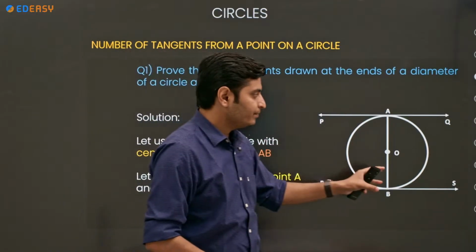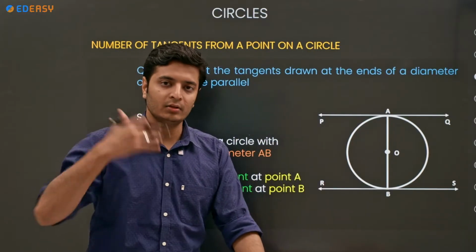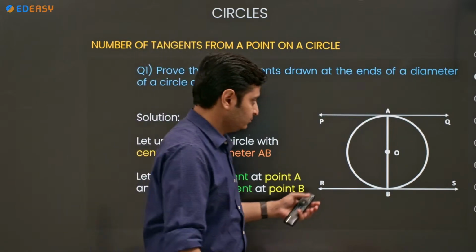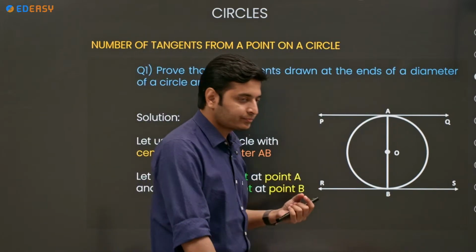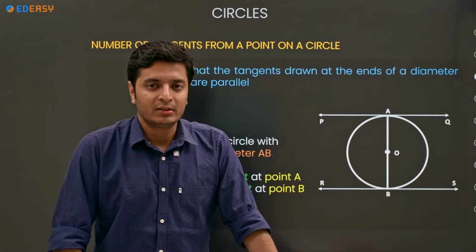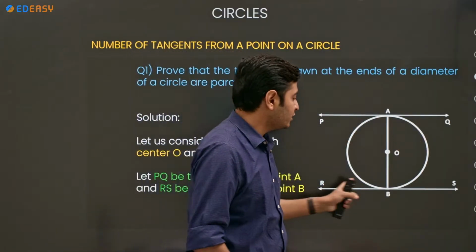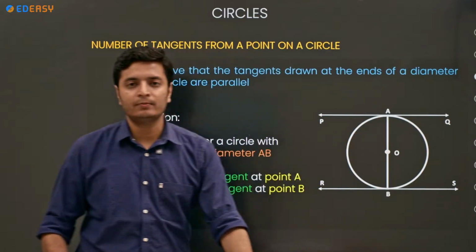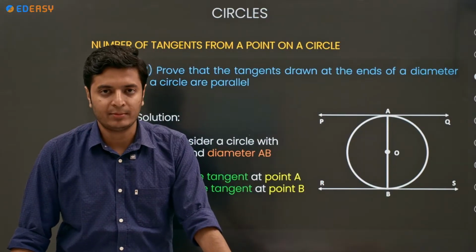Now here we are going to prove the same concept, but the main point is that the tangents we are drawing are on the opposite ends of the same diameter.